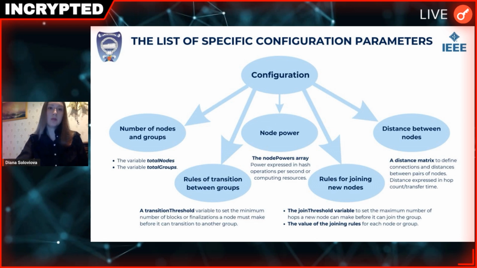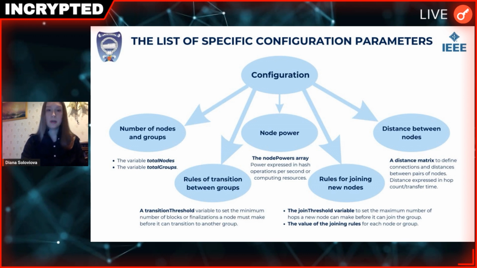Now let's speak about the list of specific configuration parameters we have to set in our network simulator to reach our goal. So the first configuration is the number of nodes and groups. We have to set a variable for total nodes and total groups.